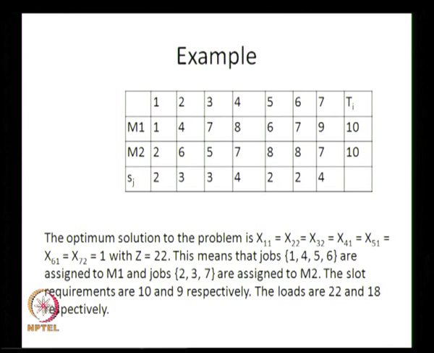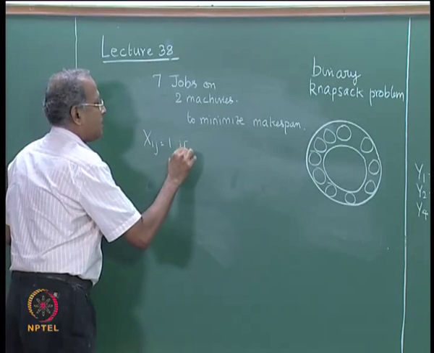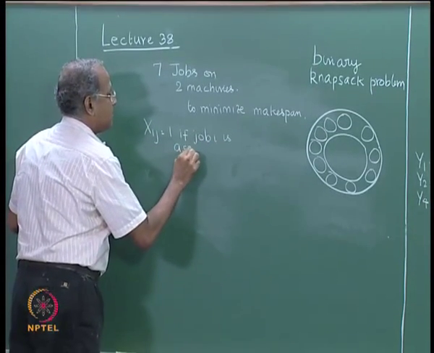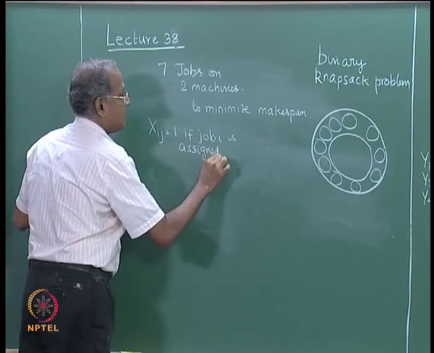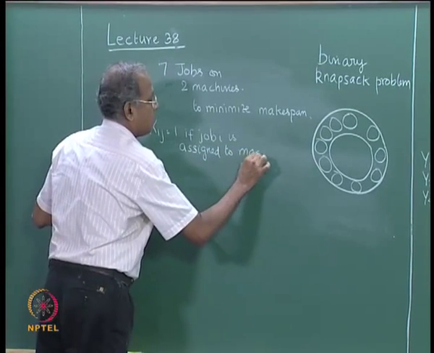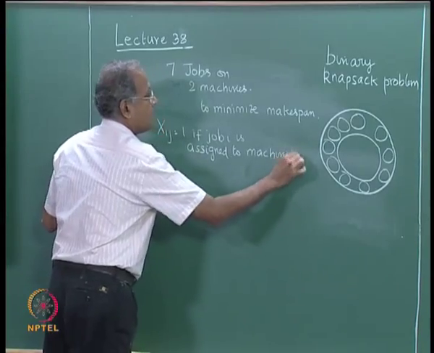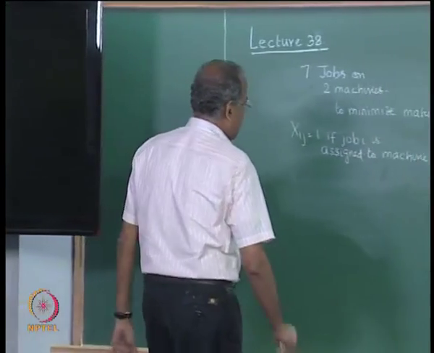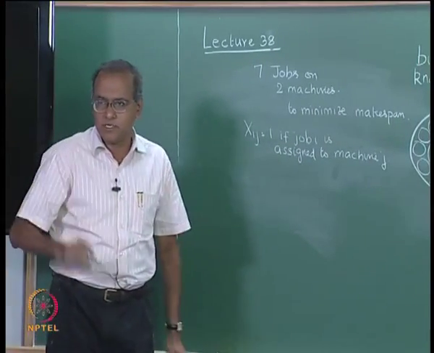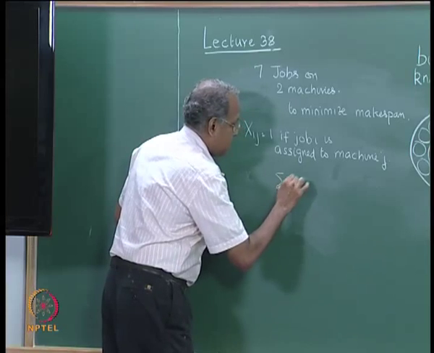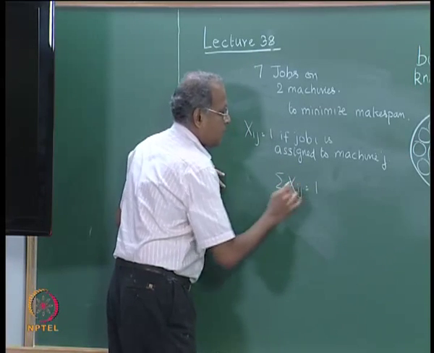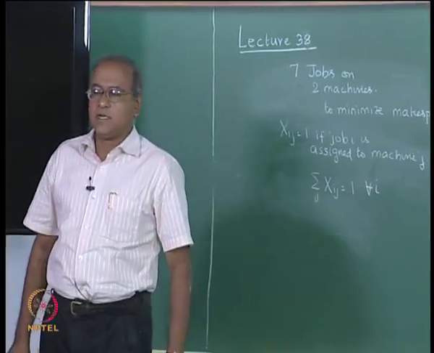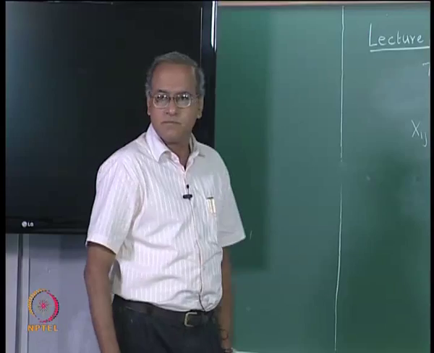So Xij equals 1 if job i is assigned to machine j. Now each job goes to only one machine. So sigma Xij equals 1, summed over j, for every i. Each job goes to only one machine.